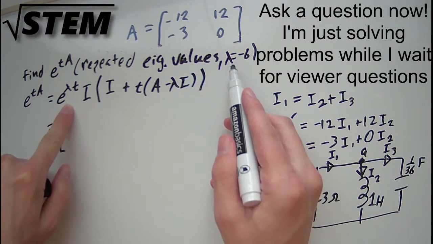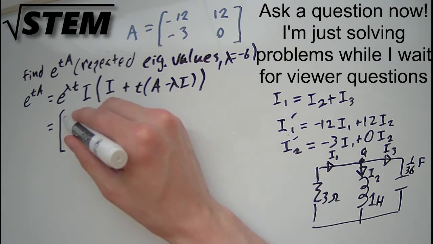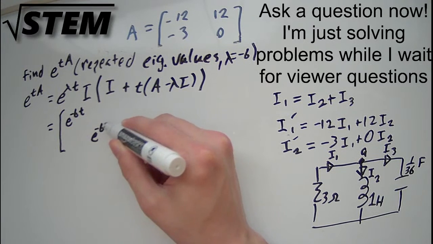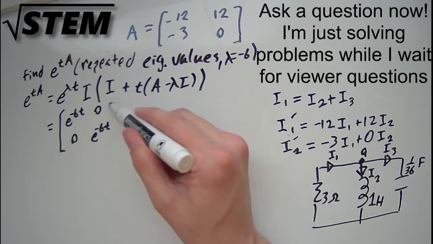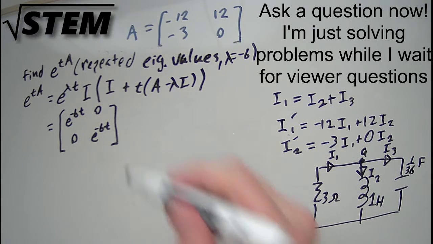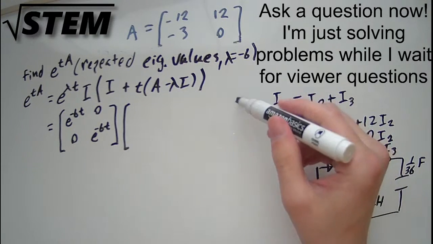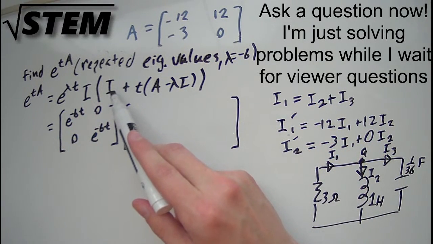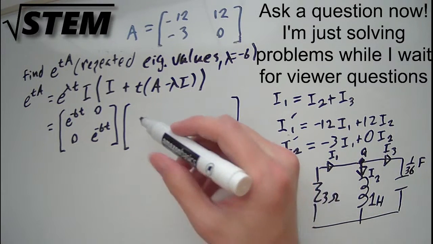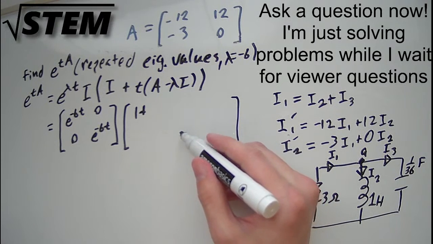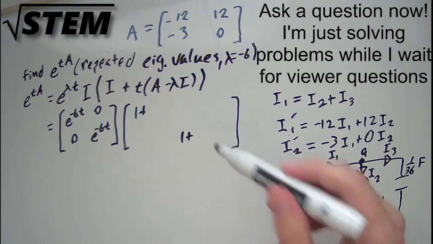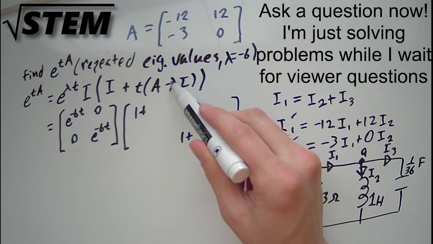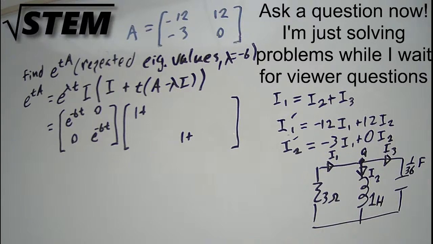So e to the negative 6t times I means we'll get e to the negative 6t on the diagonal, and zeros elsewhere. Now for this whole matrix, we have the identity matrix plus this other piece, which means that on the diagonal we're going to have a 1 plus some other stuff, and then we would have zeros in these spots, but we'll most likely have stuff to add from this matrix.